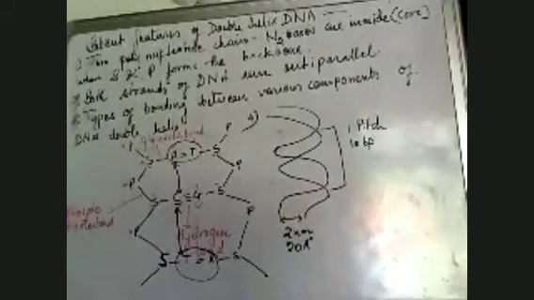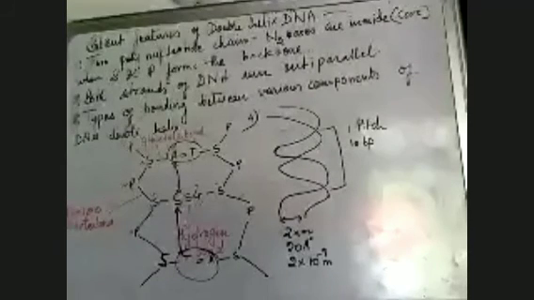Which is 2 nm or 20 angstrom or 2 into 10 raised to the power minus 9 meters. Now, what about this one whole pitch? How much is this pitch?